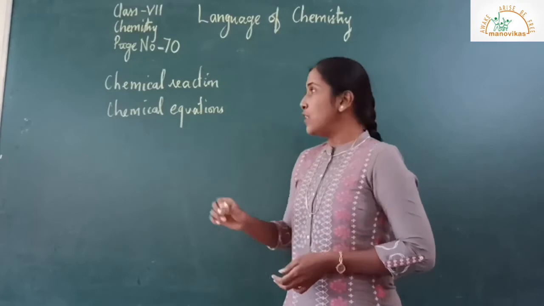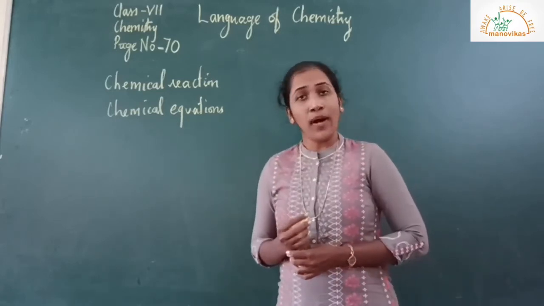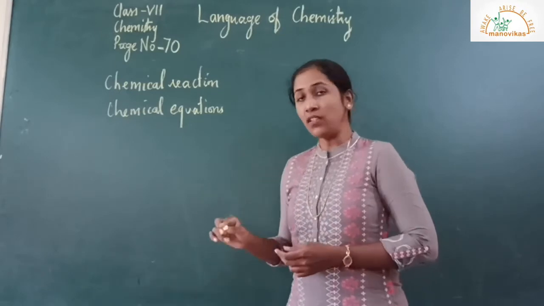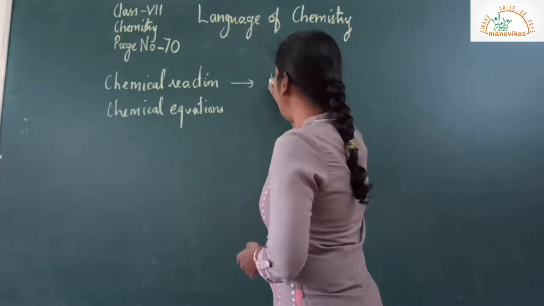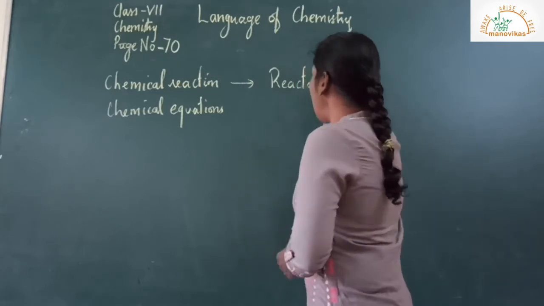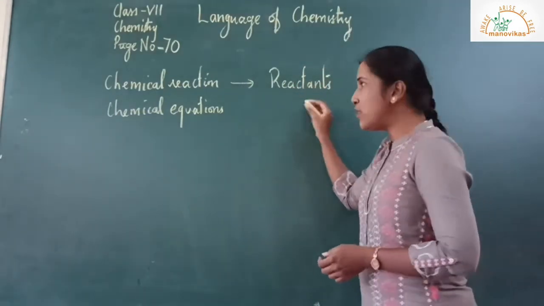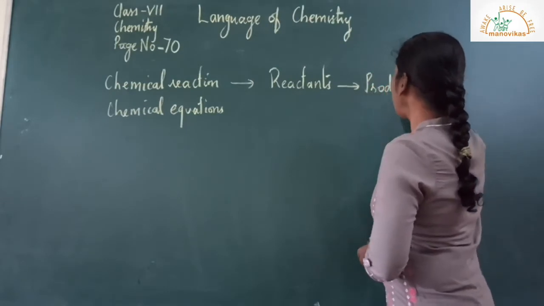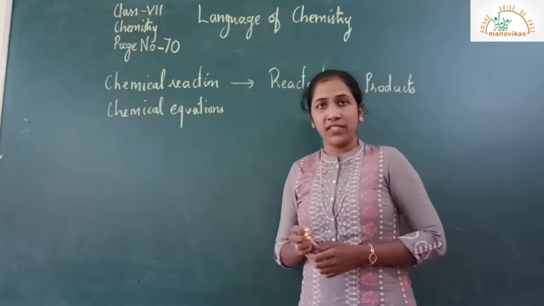Now, in this chemical reaction, we require the reactants, and what we get is a product. Reactants. And once it undergoes a chemical change, what we get is products. Now, what do we mean by reactants?